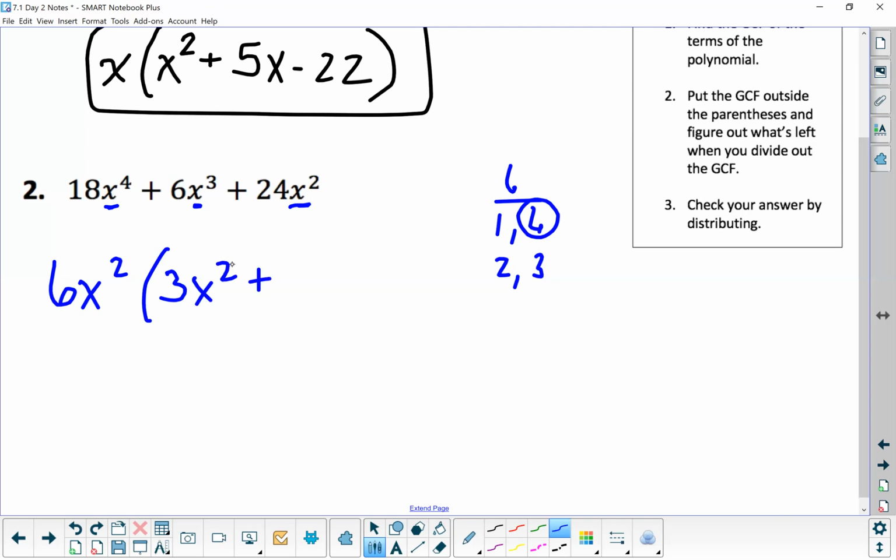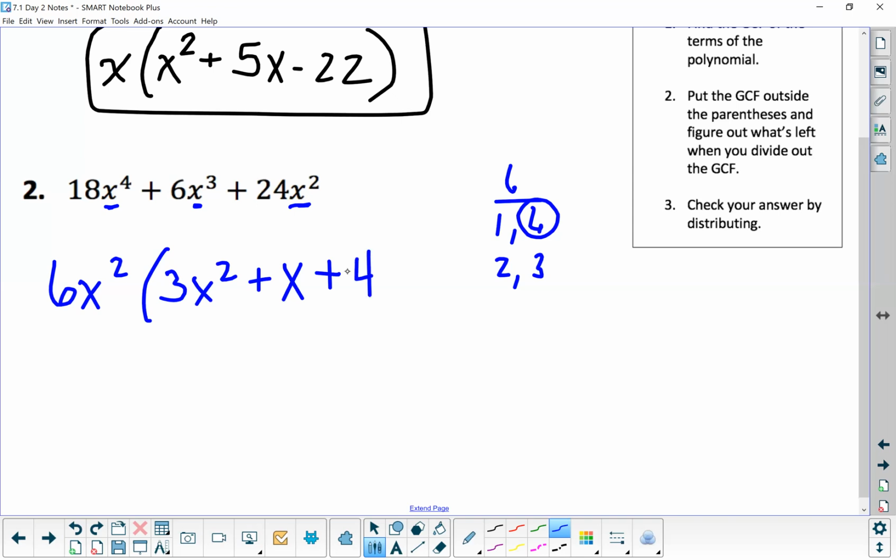plus 6 divided by 6. 1. We had x cubed. We factored out 2 of the x's. We're left with x to the 1st. You could put the 1 in front if you wanted. You don't have to. 24 divided by 6. 4.